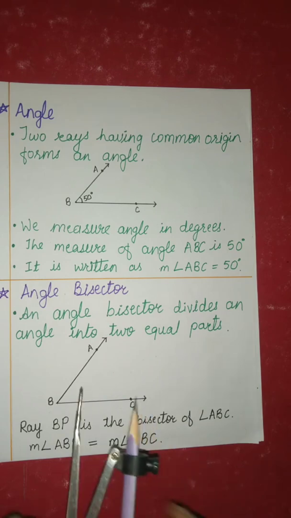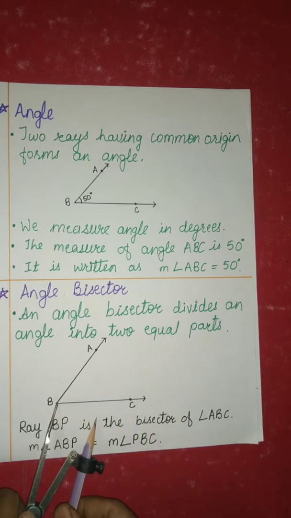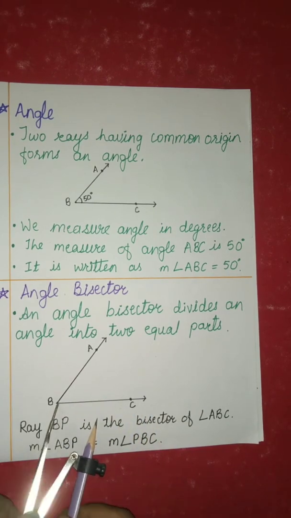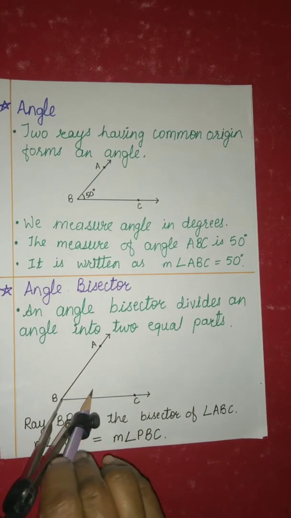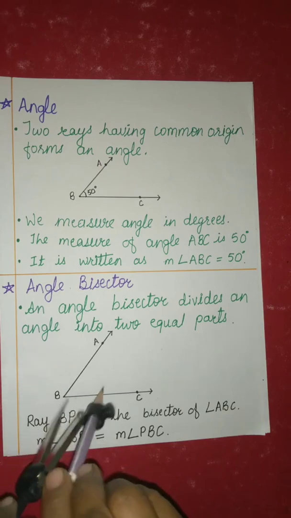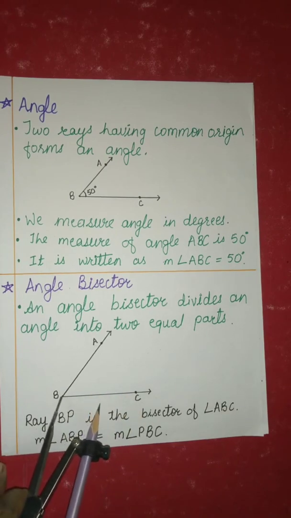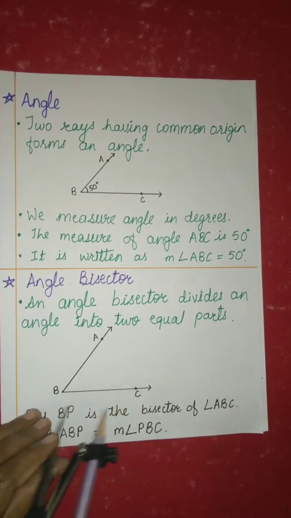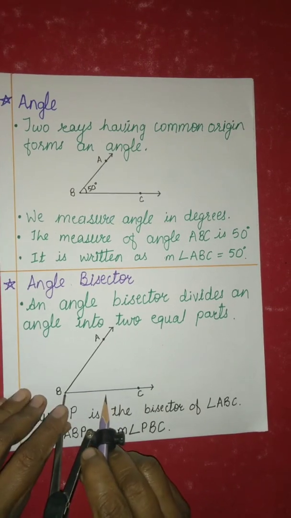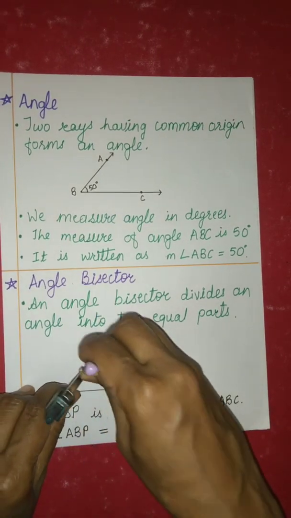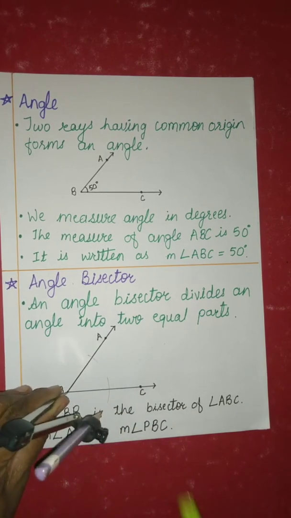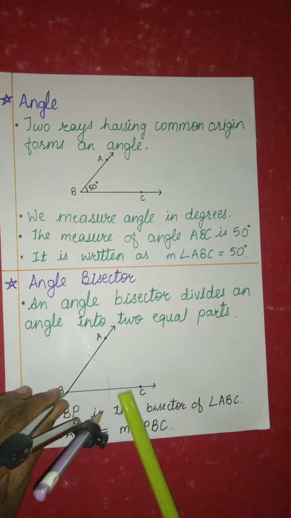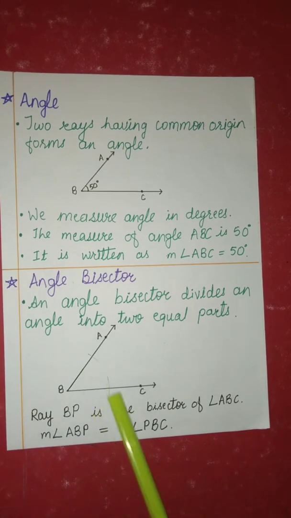We will put this needle end on the vertex of the angle, that is point B. Is everyone able to see? Now, rotate the pencil considering point B as the center. Give arcs on the two arms of the angle. Here we got two intersecting points.